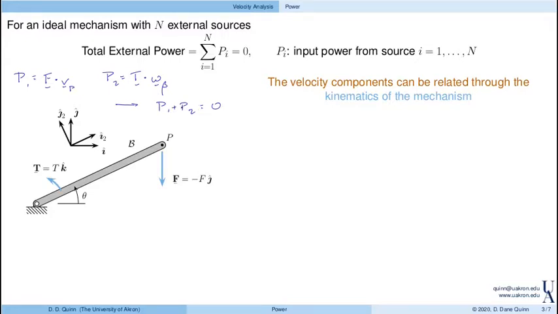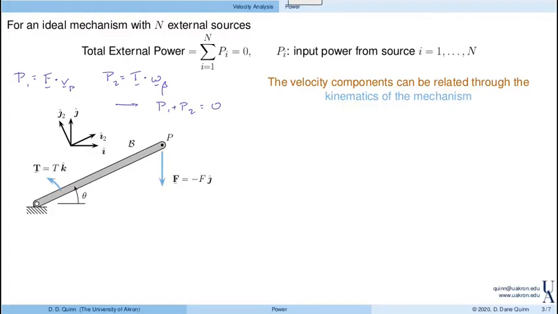So we have another relationship now between the force and the torque. Moreover, the velocity components, so the velocity of P and the angular velocity of the bar, can be related through kinematics, which is exactly what we're studying here. So we can use our kinematic relationships and this power relationship to relate the force and the torque acting on the object.